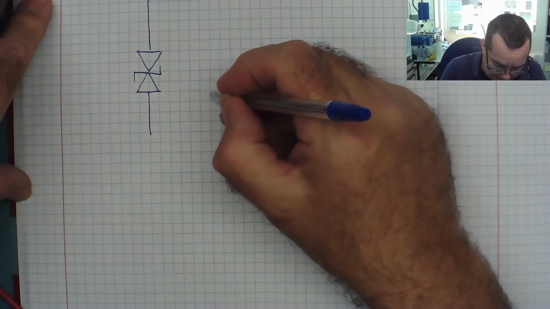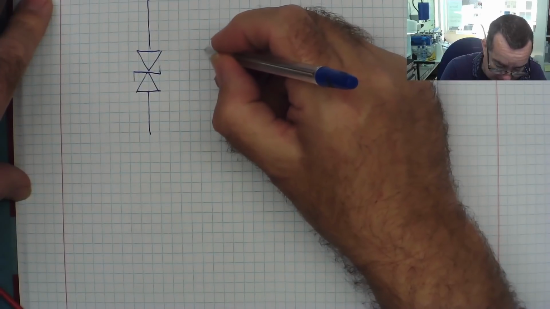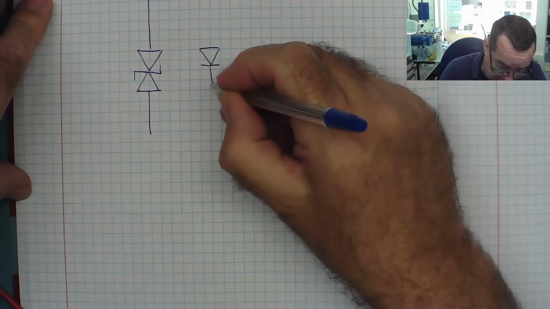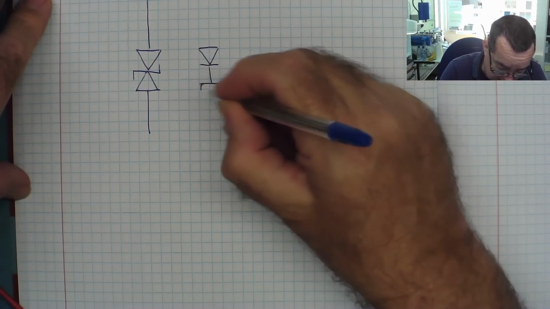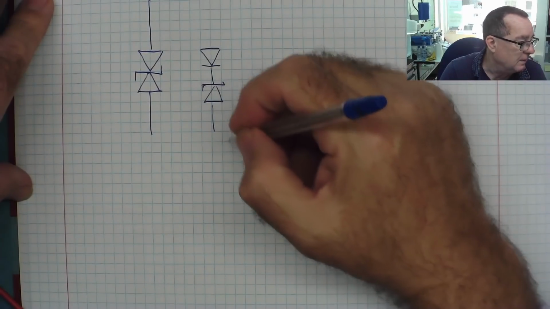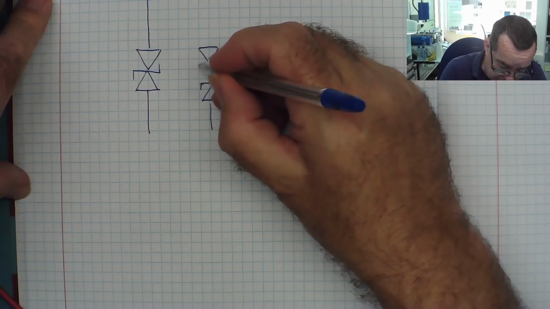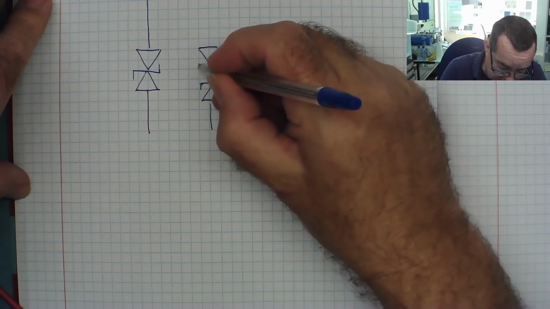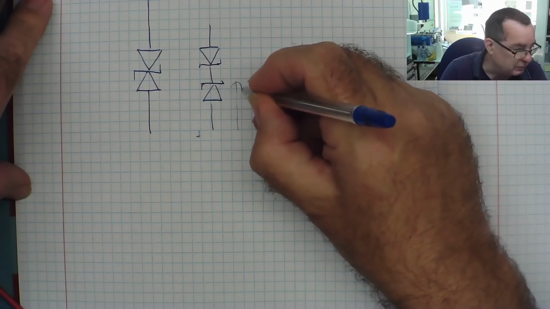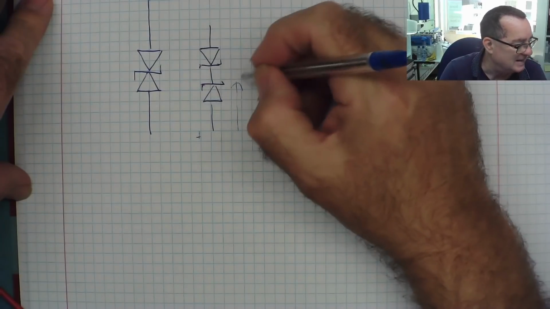Effectively, it's kind of like having a normal diode, if you like, in series with a Zener diode, like so, but in both directions. So, if we took 2 Zener diodes like this, and we put this end positive, this would just conduct like a diode, and this would act like a Zener diode.